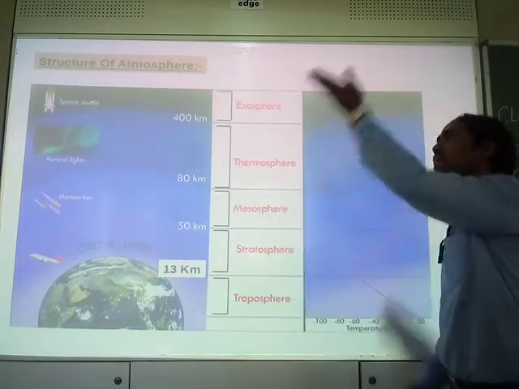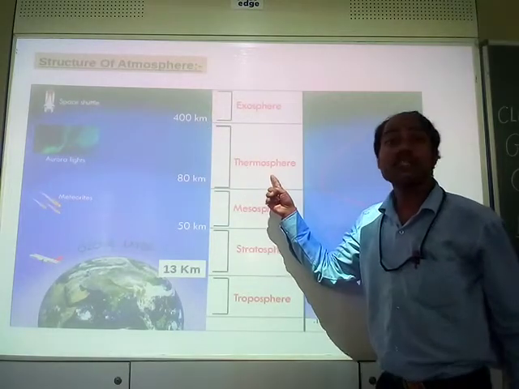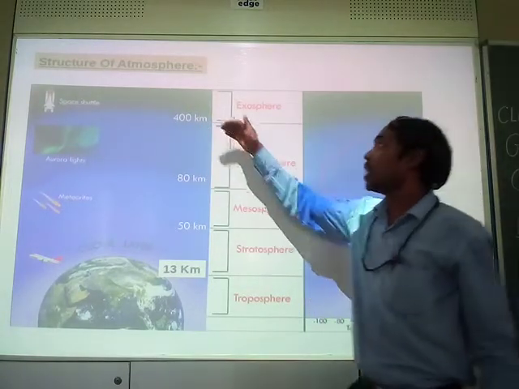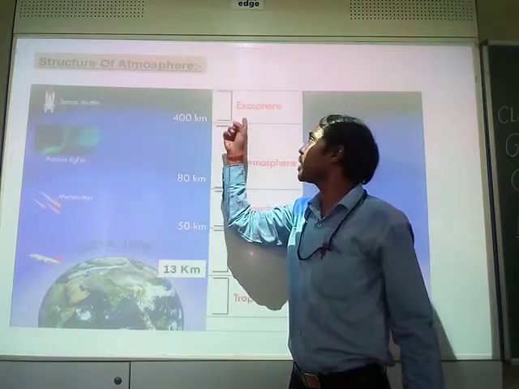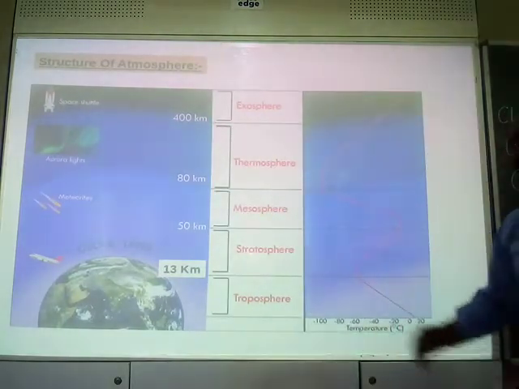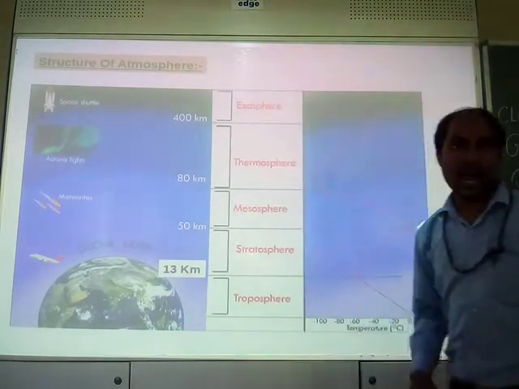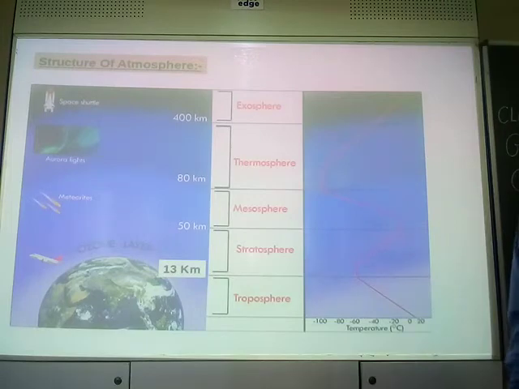If we go further up, from 80 kilometers to 400 kilometers, it is thermosphere, and beyond 400 kilometers, it is exosphere. Okay, so these are the different layers of atmosphere.